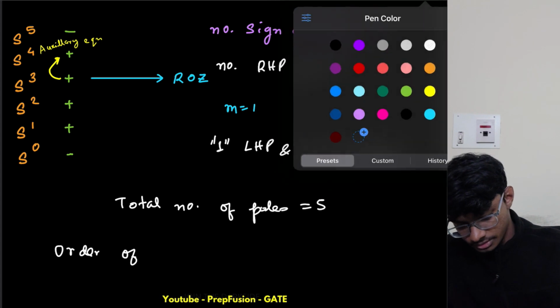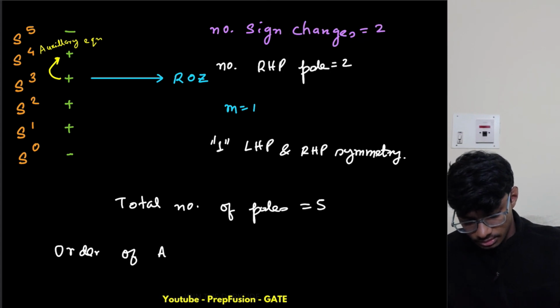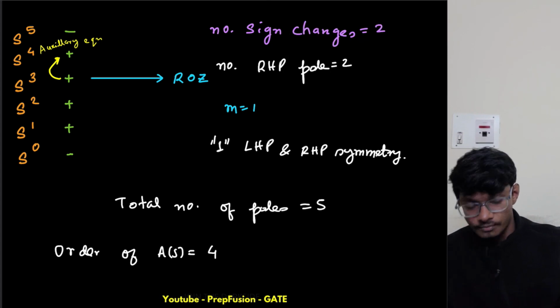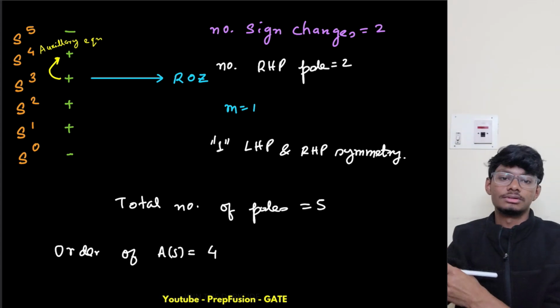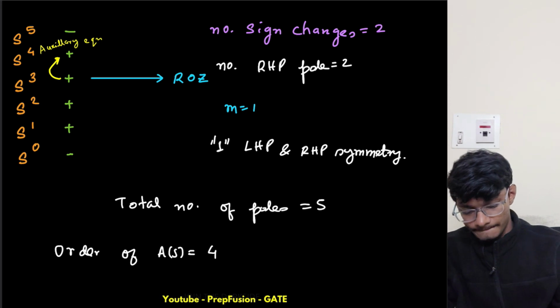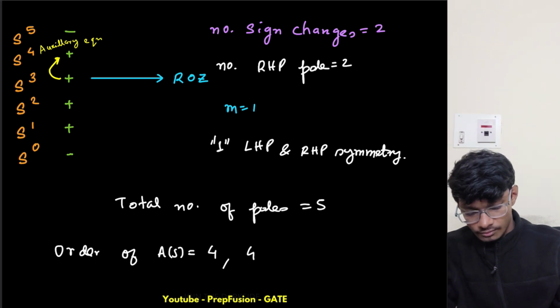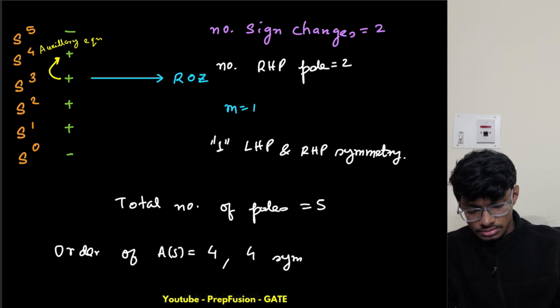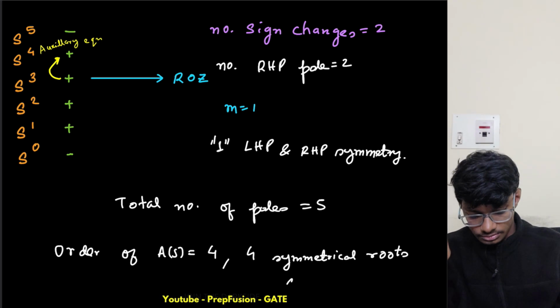What does this mean? This means that 4 roots will be symmetrical. Okay, I will have 4 symmetrical roots around the origin.